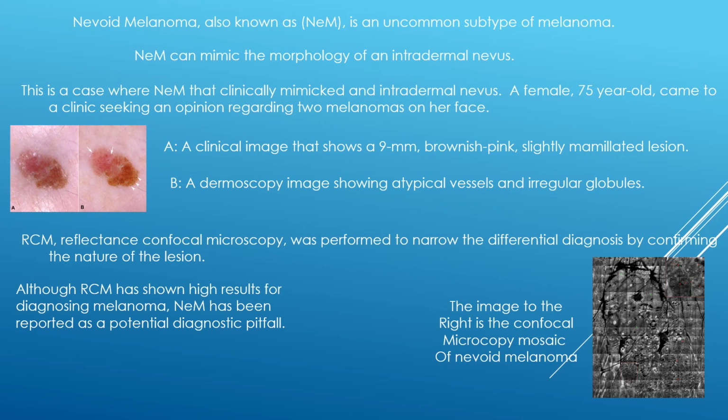The image at the bottom right-hand corner is the confocal microscopy mosaic of the nevoid melanoma of the B slide. And it did confirm that it was the nevoid melanoma and not the same as the A slide.